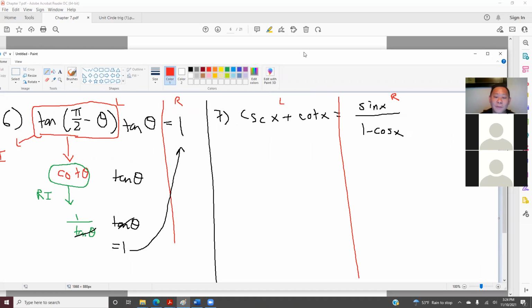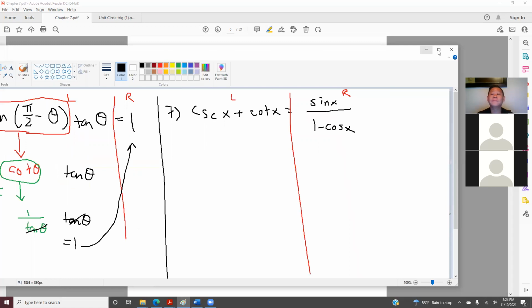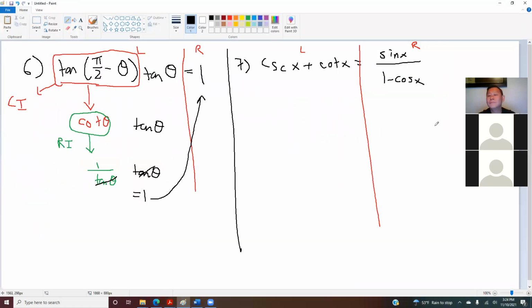Anyone want to give a try? This is actually very tough. You want to do the right side? Okay, we'll do the right side. So what can you do with this right side? You make it into 1 minus tan theta.